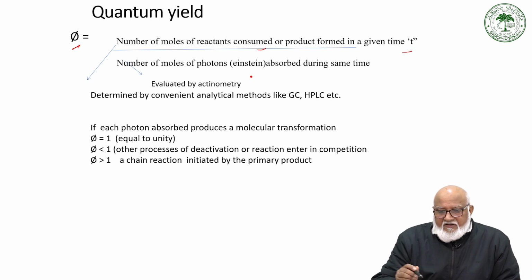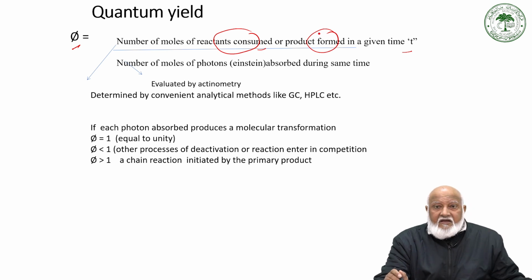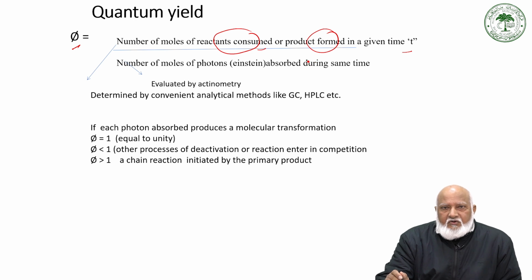The reactant consumed or product formed can be determined by any analytical method like GC or HPLC, and then we can determine how much reactant has been consumed or how much product has formed.